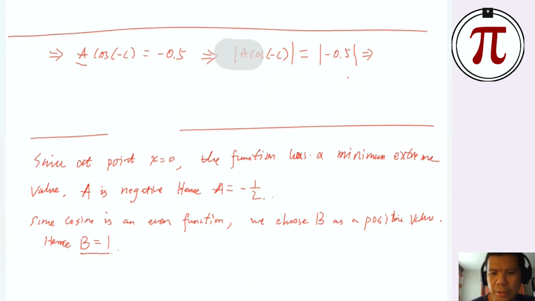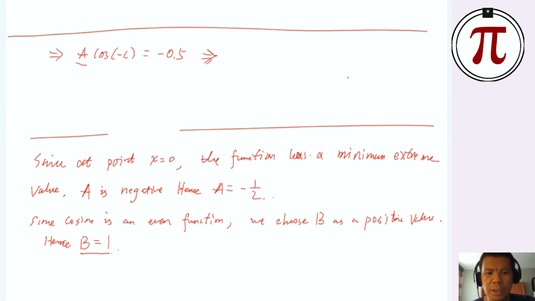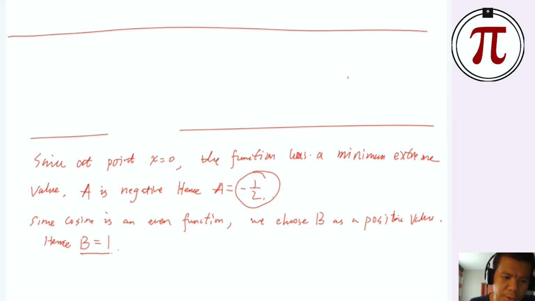I believe this is going to be identify c. Let's put this as step 4 here, in the end. Now, after we identify the values for a, b, and d, we can clear this.